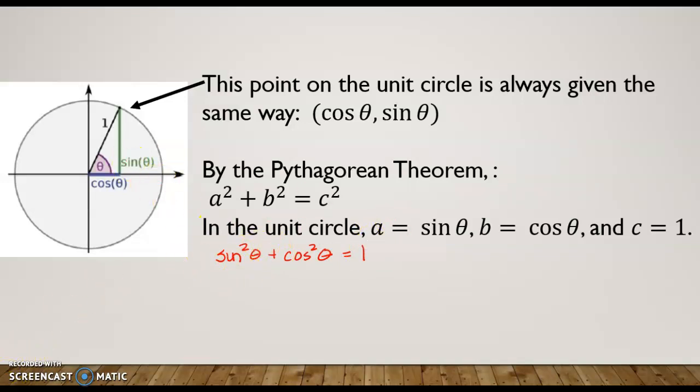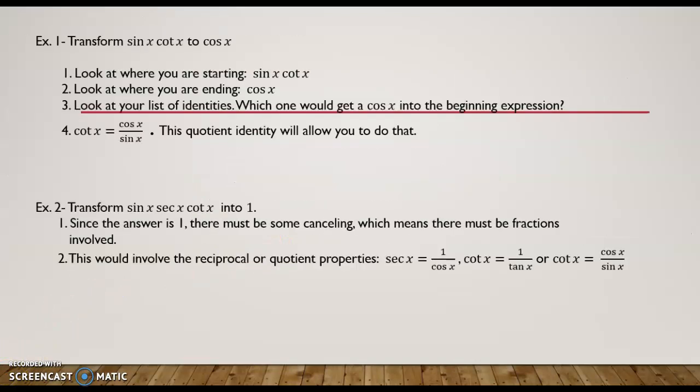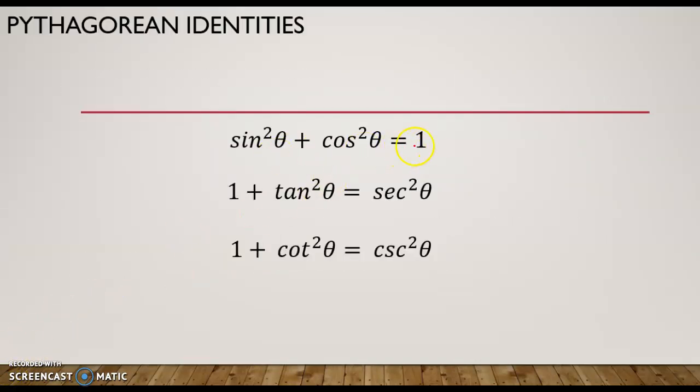That is a Pythagorean identity. And you've got a couple others: 1 plus tangent squared theta equals secant squared theta, and 1 plus cotangent squared theta equals cosecant squared theta. So these are all your Pythagorean identities, which are also listed on the page.